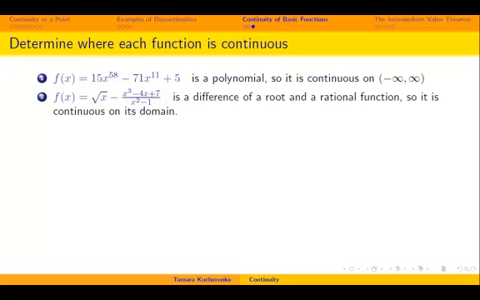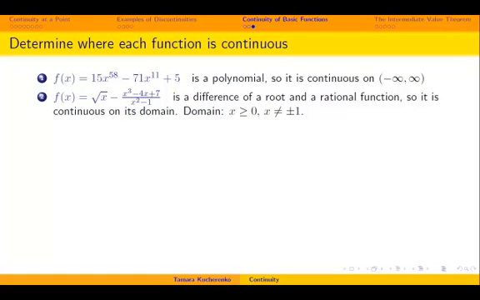This function is a difference of a root and the rational functions, so it is continuous on its domain. Let's find the domain of f of x. The expression under the radical has to be non-negative, so x has to be greater or equal than 0.